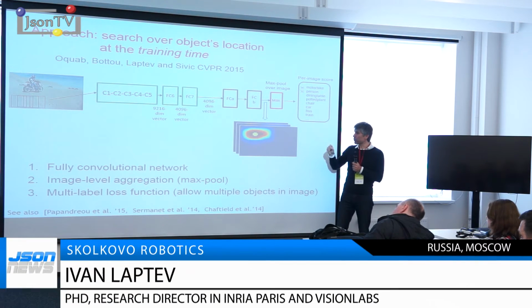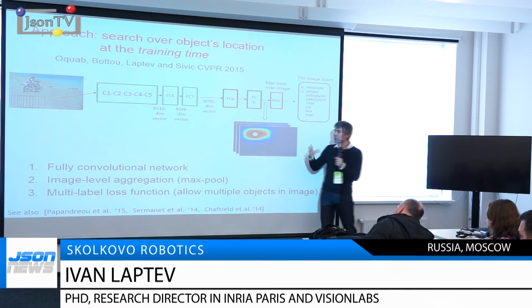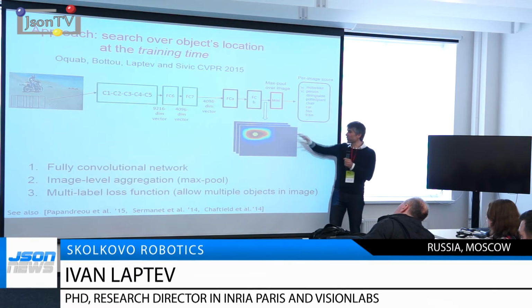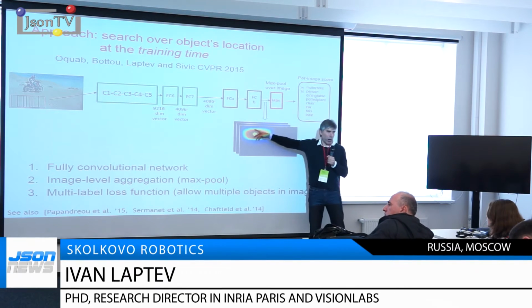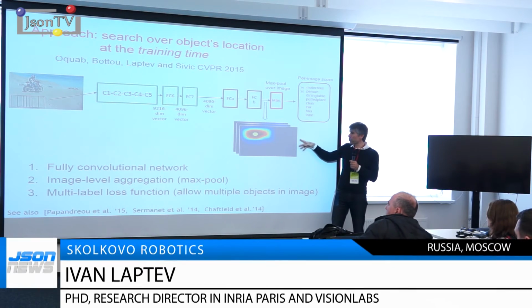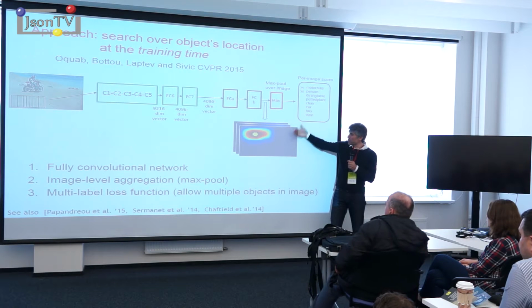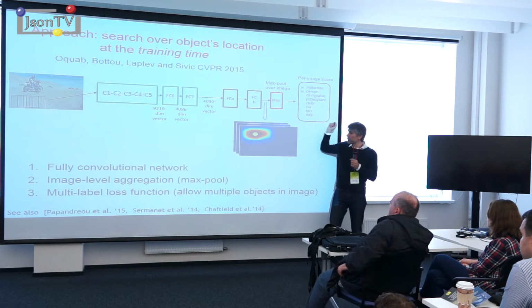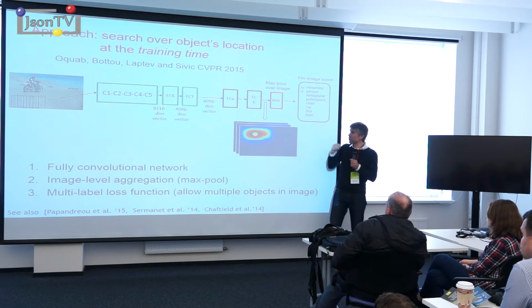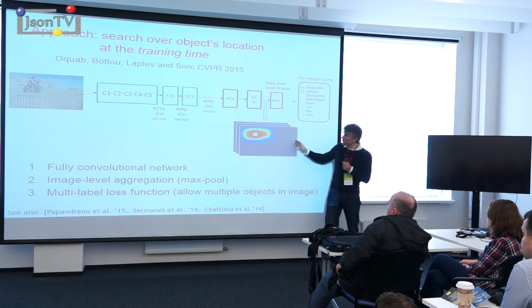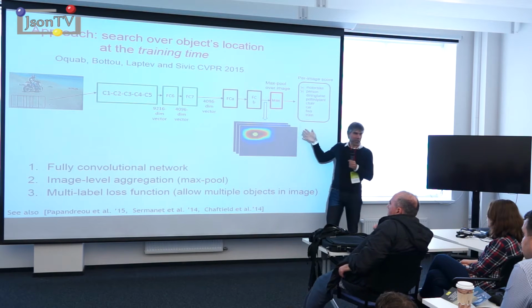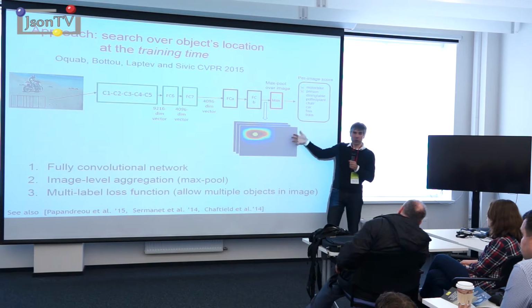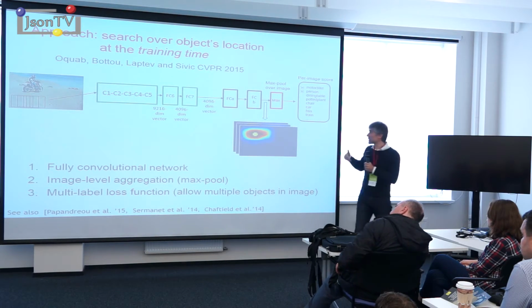Now we can think of it as subdividing the image into parts, so that at the end we are not giving a score for each object, but we are getting a heat map, a score map, where each map corresponds to one object class. So if you know that there's a motorbike in the image, we assume that the corresponding map for the motorbike should score high somewhere. And that's how we are going to train.